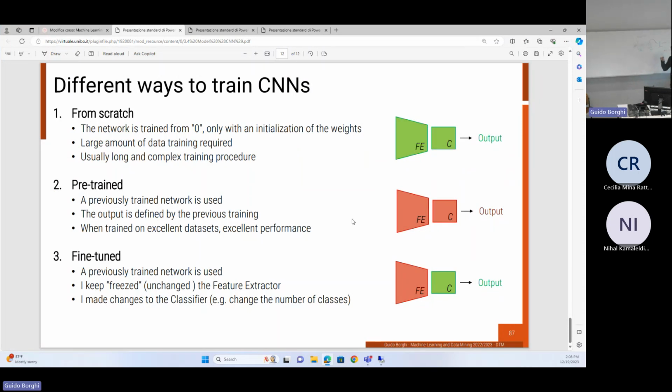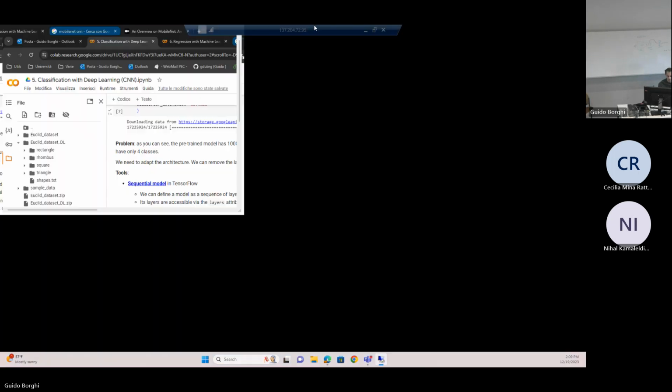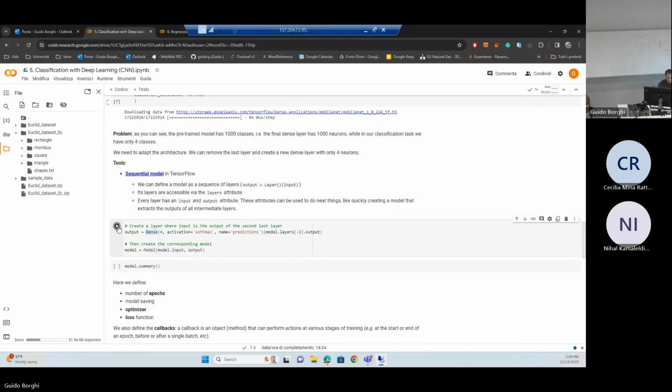In this case, we want to freeze, or we use the architecture of the first part of the MobileNet, and then we are going to change only the weights of the fully connected layer using a fine-tuning procedure. So we can run this cell.